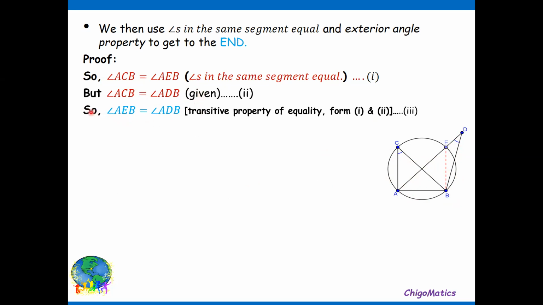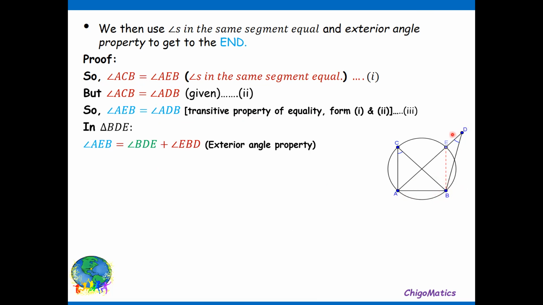Then I can substitute AEB where there is ACB. ADB is still ADB; I have not substituted it. It's by the transitive property of equality, because ACB is equal to AEB and ACB is equal to ADB, then angle AEB should also equal angle ADB.